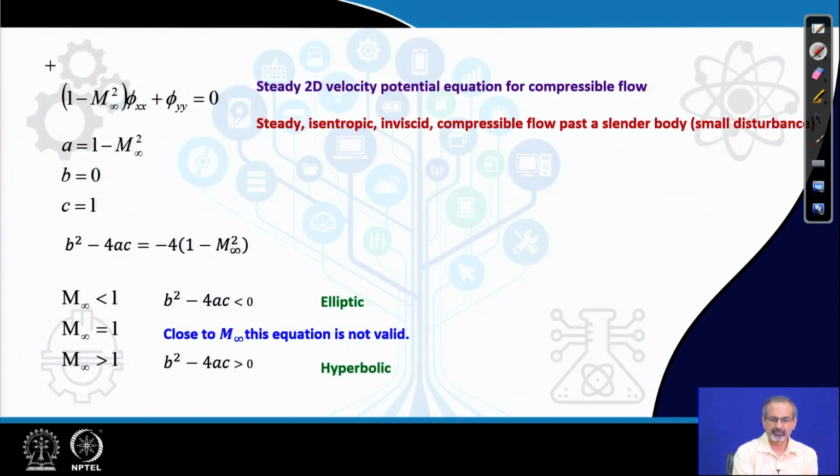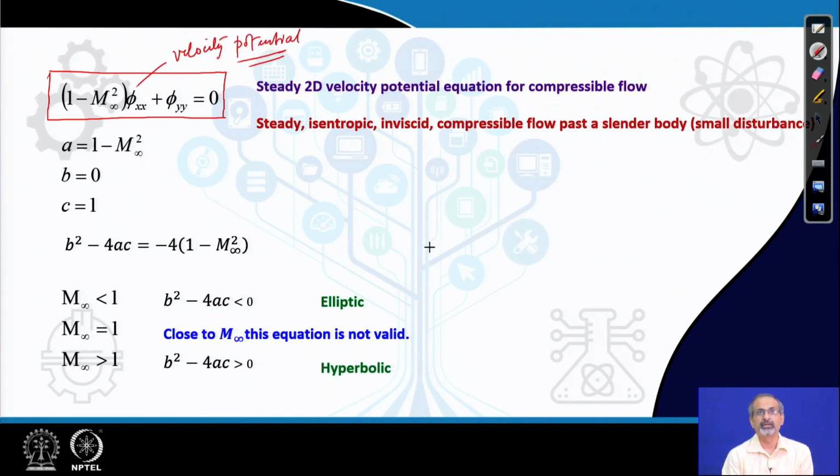Just as an example, we are citing a governing partial differential equation of second order in phi, where phi is the velocity potential. And what equation is this? We are familiar with the velocity potential equation or the full potential equation, which we had derived earlier.